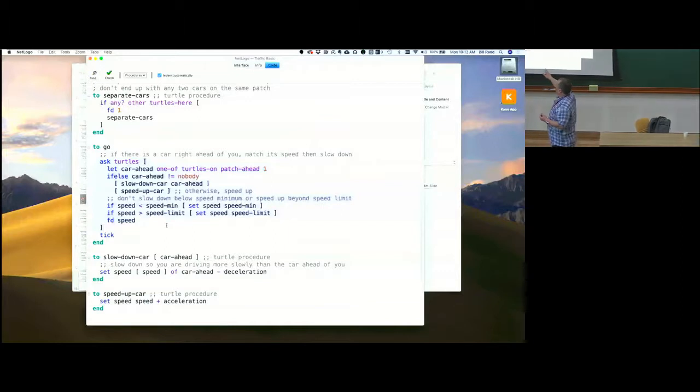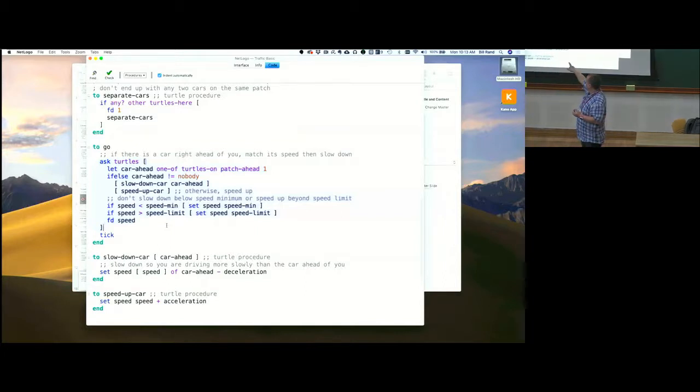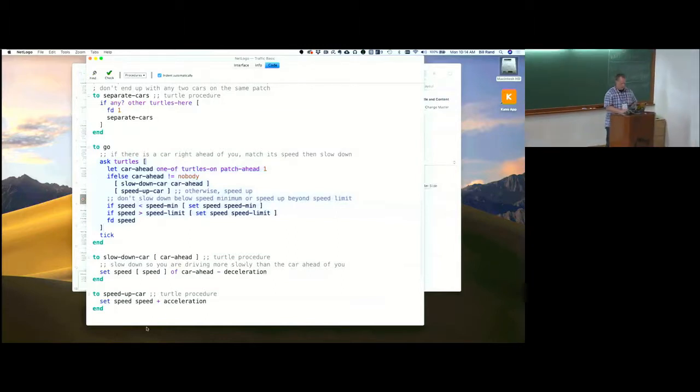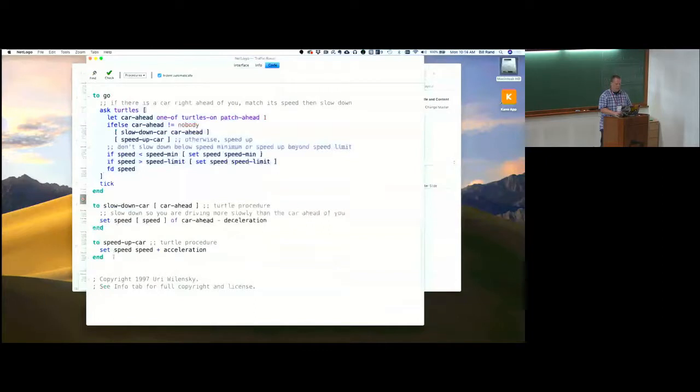If there's nobody ahead of me, right, then speed up. If there is someone ahead of me, then slow down my car ahead, right? And what does that mean? Well, we have to look at the code to see that. So it's this code down here. So first of all, speed up is easy. We're going to set our speed to speed plus acceleration.